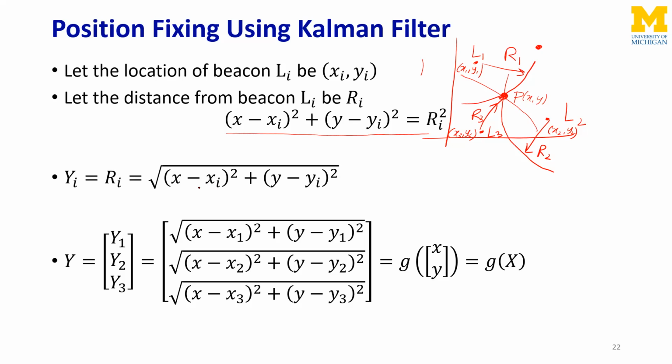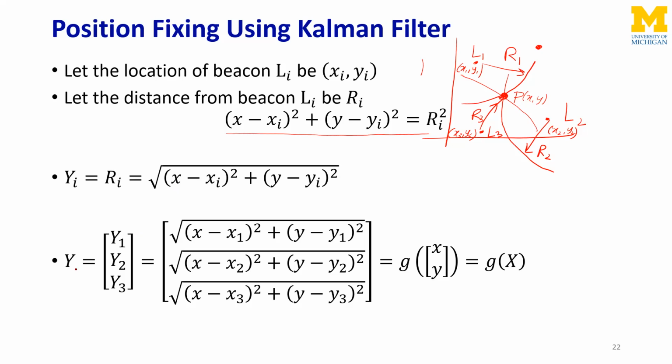We don't know X, we know what Xi and Yi is. Xi, Yi, again, is the location of the beacon Li. So we need at least 3 measurements to produce a unique value of X and Y.